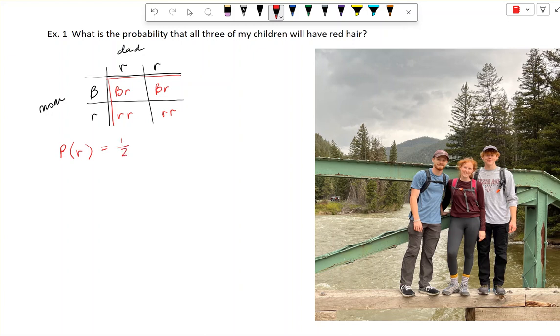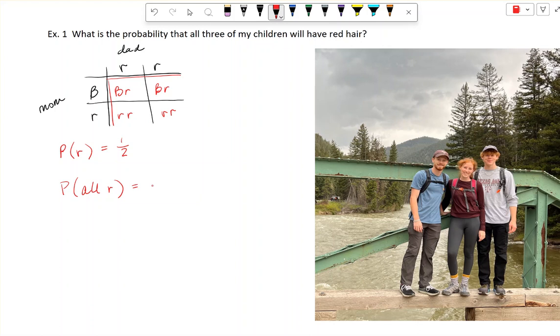The question I'm asking is, was it really unusual for me to have all 3 children have red hair? So the probability of all reds. What does that mean in relation to what we're looking at here with this new multiplication rule? Well, think of it as this.